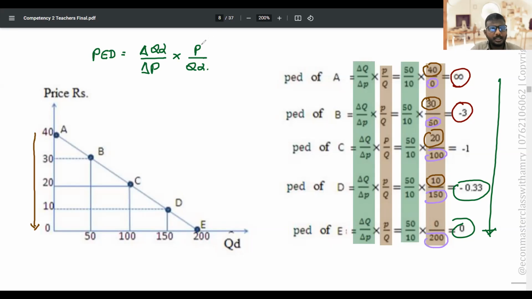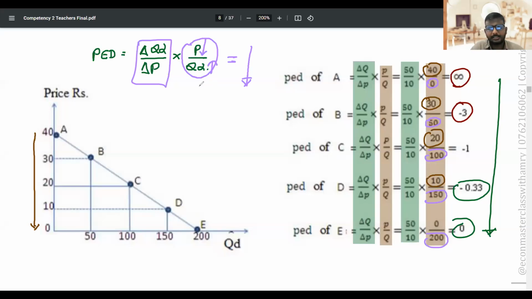So the price, the numerator, is dropping and quantity demanded, the denominator, is increasing, while the slope is constant. As a result of these two changing, the final answer will drop.